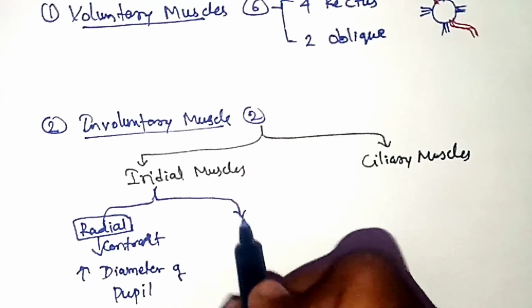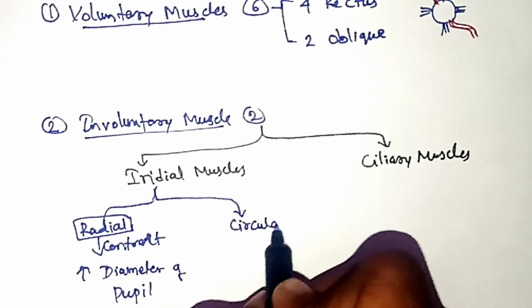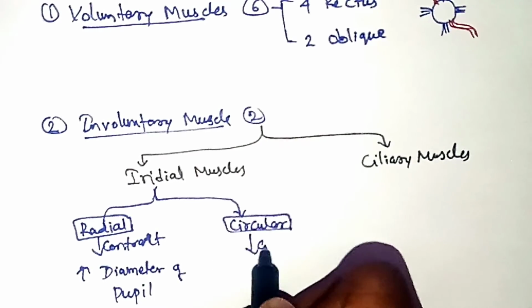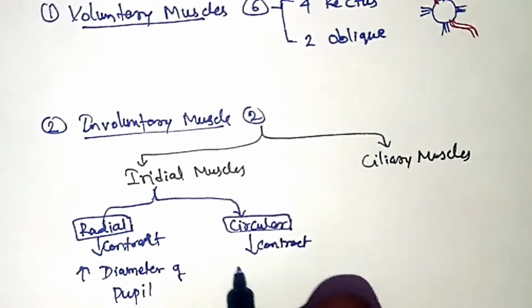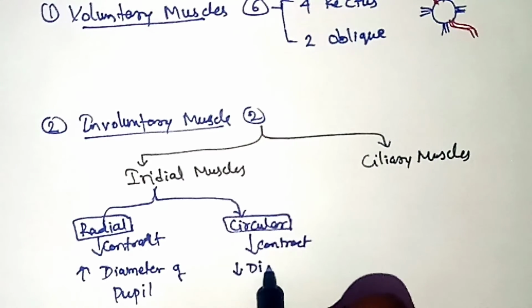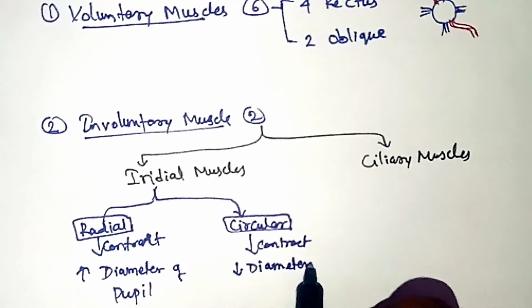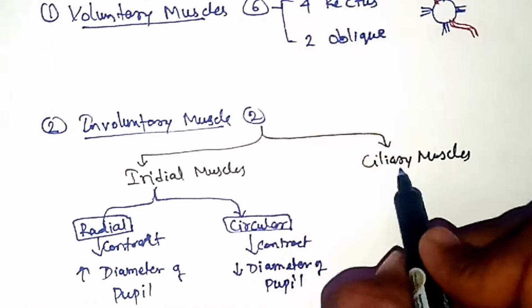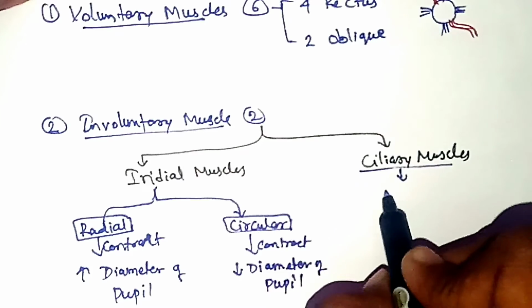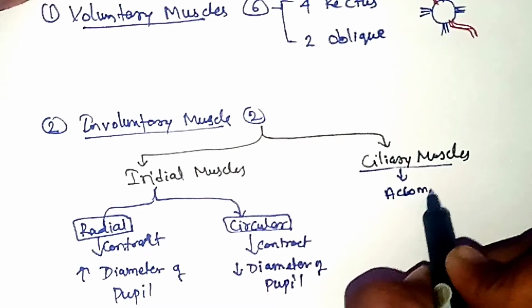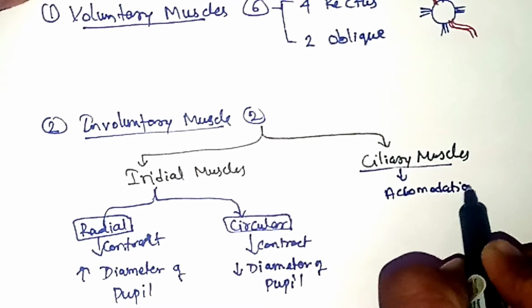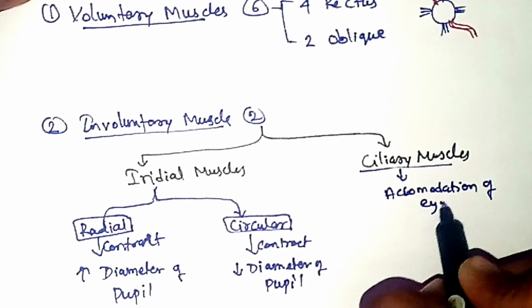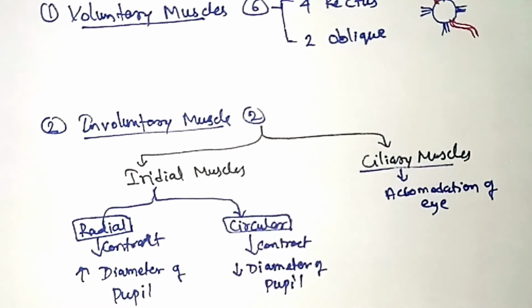If circular muscles contract, then the diameter of the pupil will decrease. Now if ciliary muscles contract or relax, it is called accommodation of the eye.